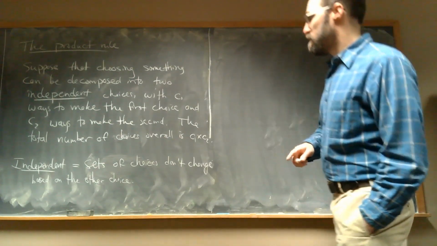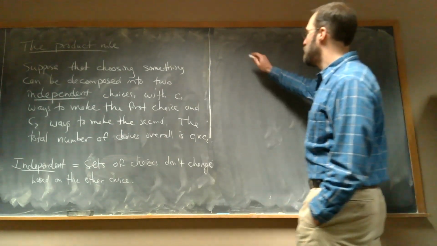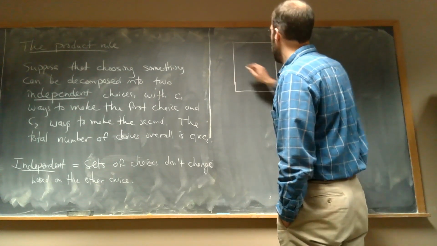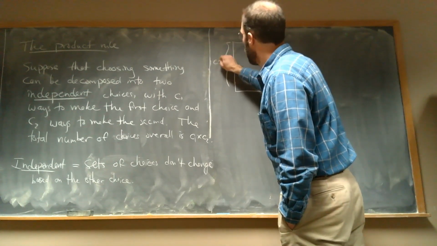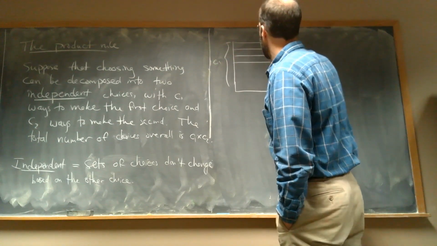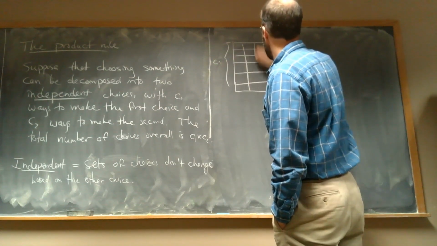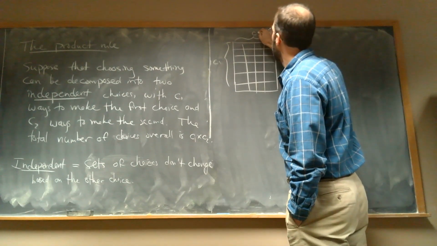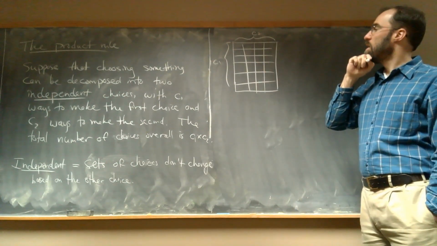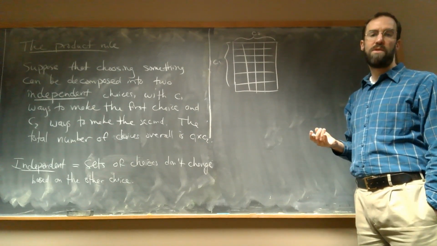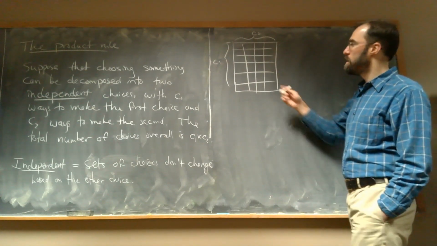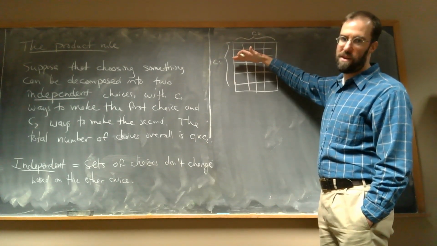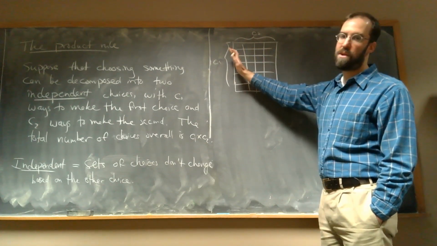But the point is that if the choices are independent, we can visualize it like this. If the choices are independent, we can visualize all the choices in a sort of grid, right? So my first choice corresponds to what row I pick, and my second choice corresponds to what column I pick.